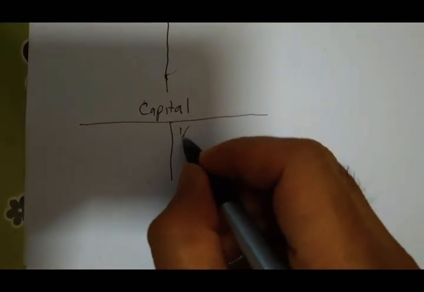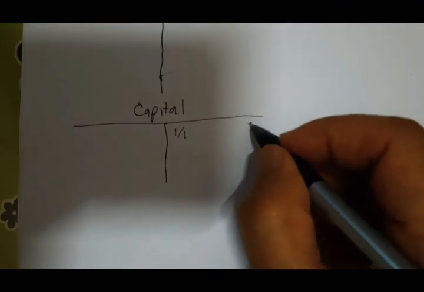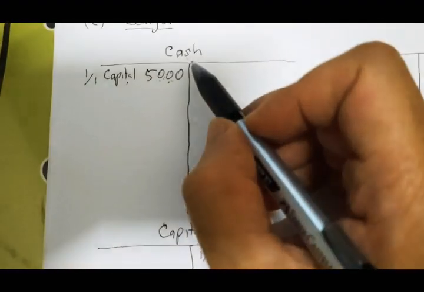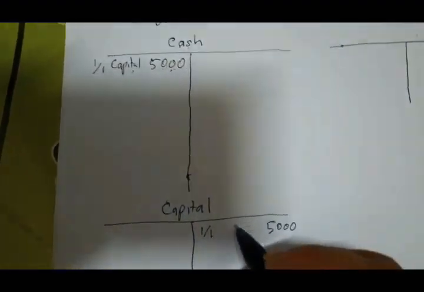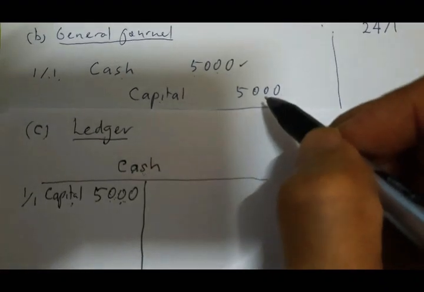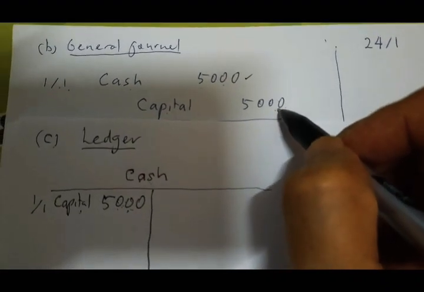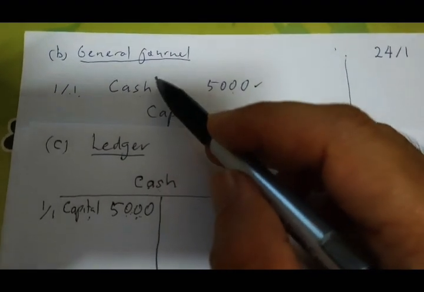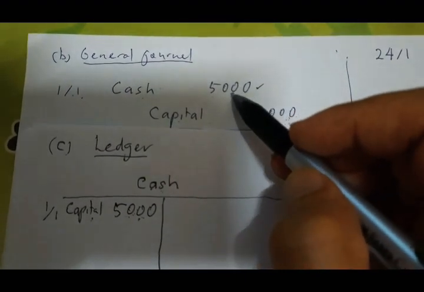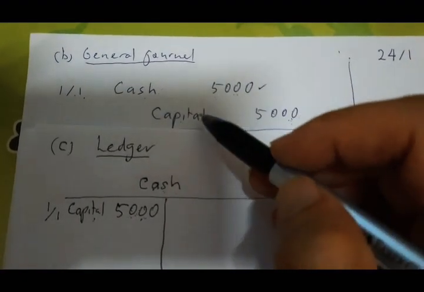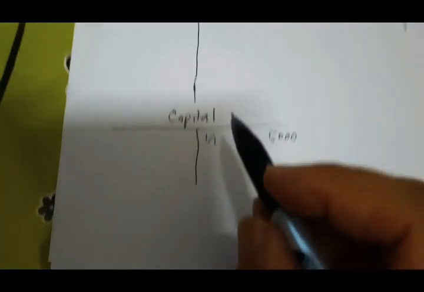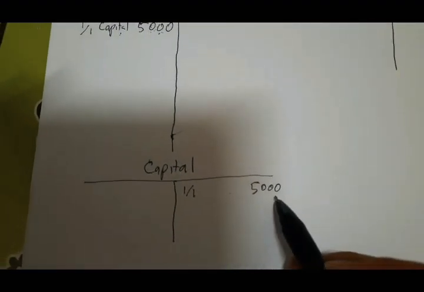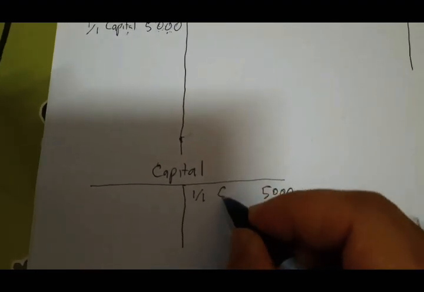You write the date, 1st of January, credit account capital 5,000, refer to account cash. Why do you credit capital 5,000? Because there is an increase in cash. Why do you debit cash 5,000? Because there is an increase in capital. So in the account capital, you write credit account capital refer to account cash.